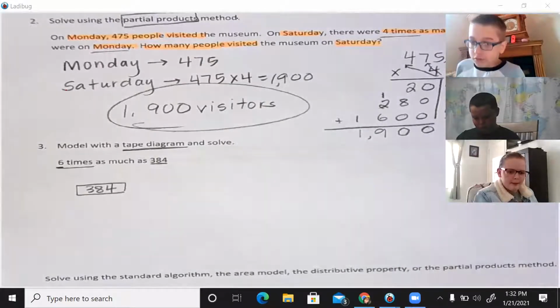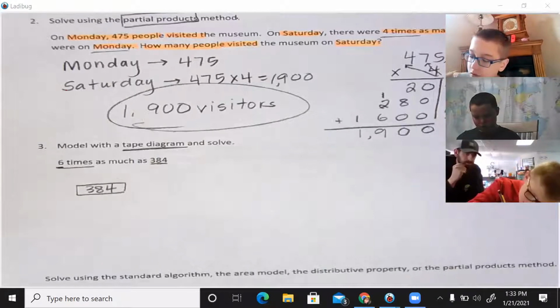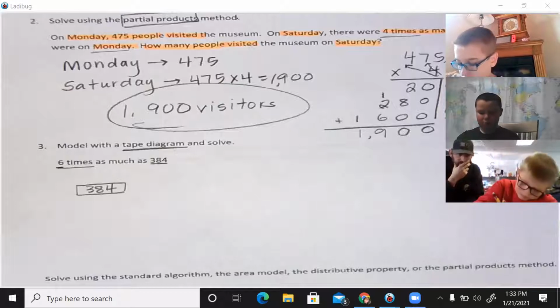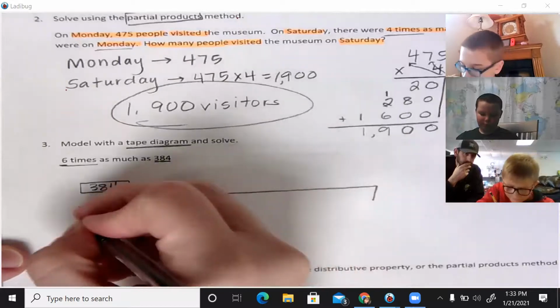Tanya, what can I do below here to show 6 times as much as 384? How many boxes of 384 do I need? 6. Okay, so underneath, I'm going to draw a big one.